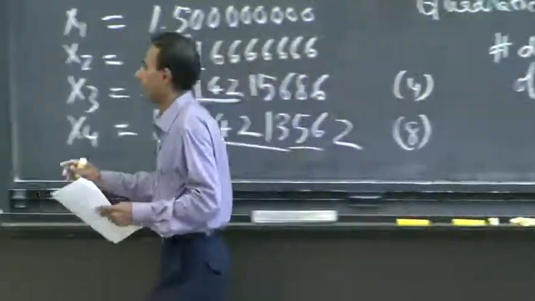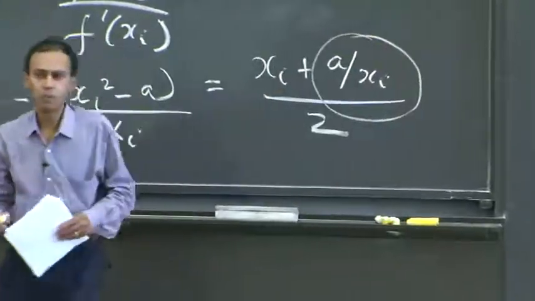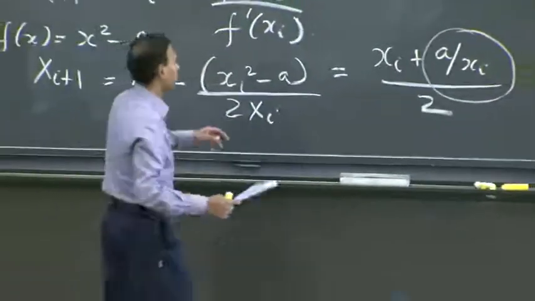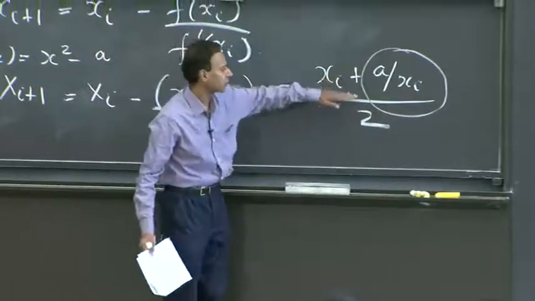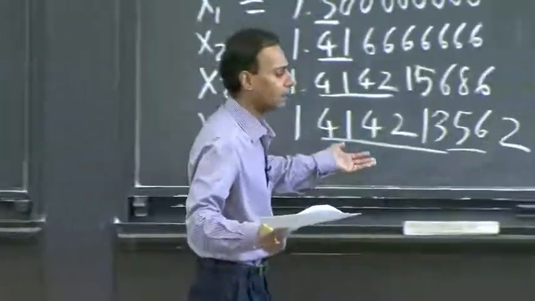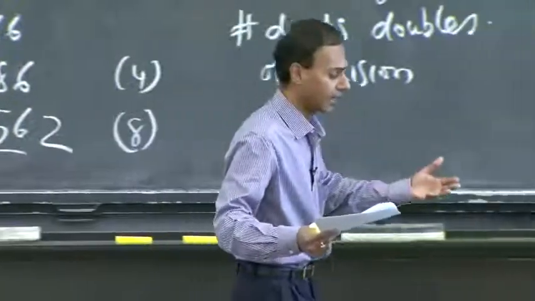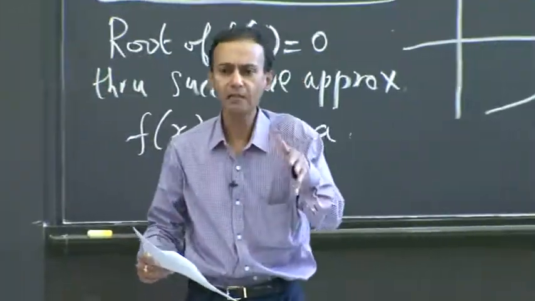Haven't quite told you how we're going to compute the most important thing here, with respect to a divided by xi. Right? So this is just additions. You can imagine that if you have long numbers, you'd end up doing addition fairly straightforwardly, because you only have to worry about one carry, right?